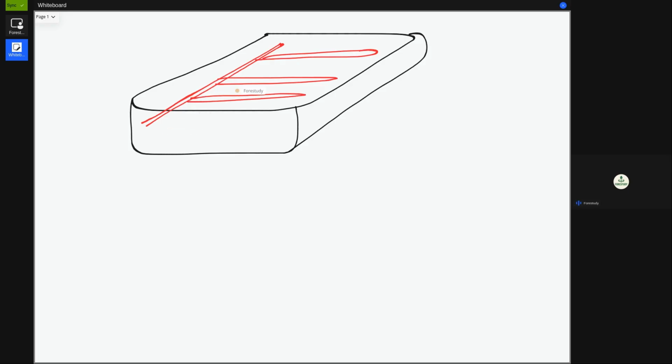There can be another drive also, and these are the crosscuts, and these are the drives.